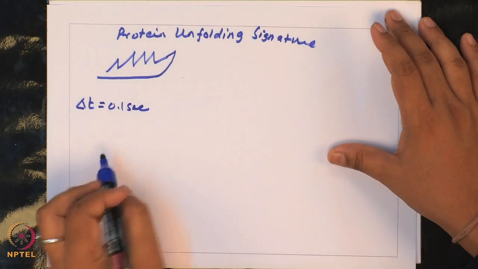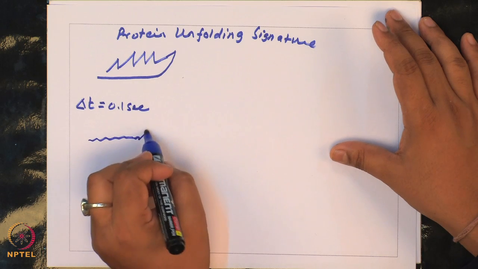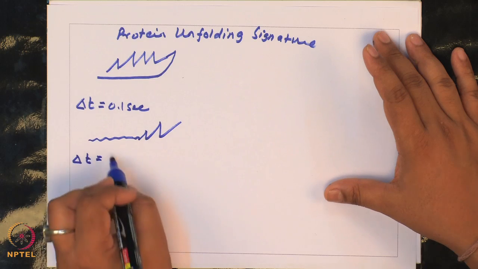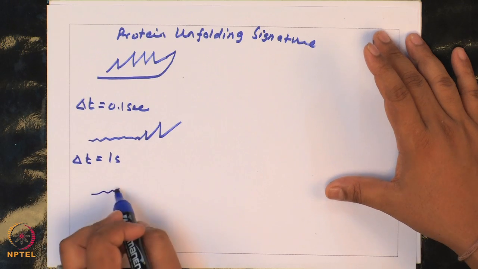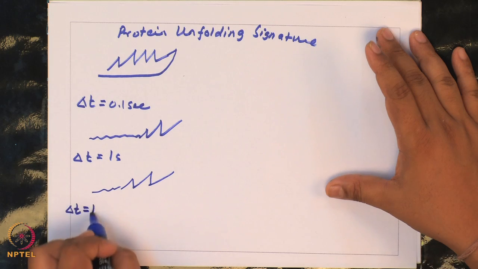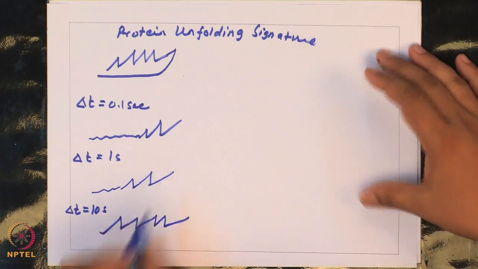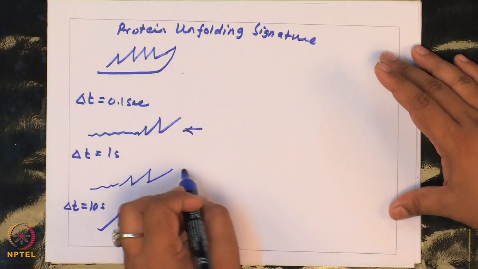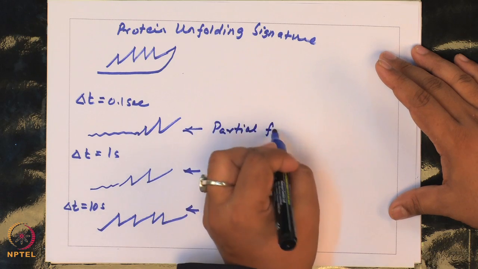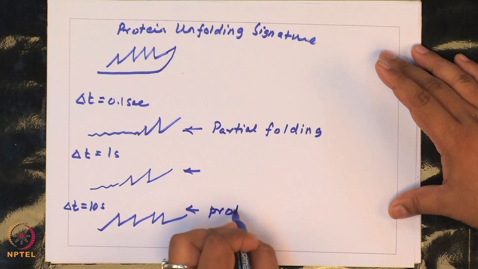After that, if you pull again, what you will see is no folding signature, then something like this. If you pull the protein after 1 second, your signature might be this, and 10 seconds later you might have this. Here you see that this is indicative of partial folding, and here the protein is completely folded.